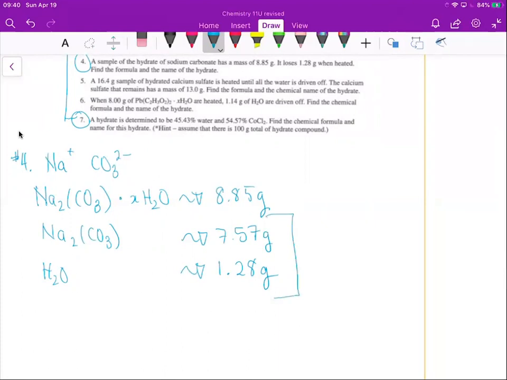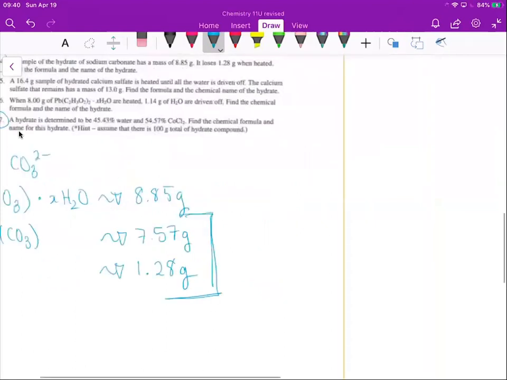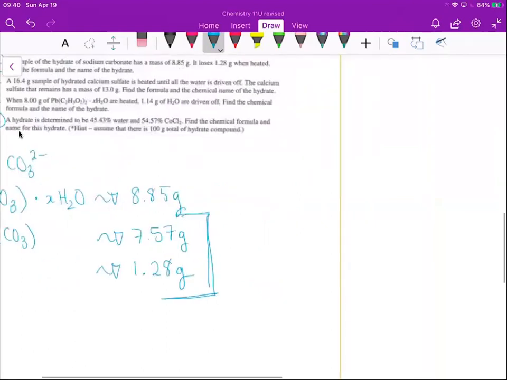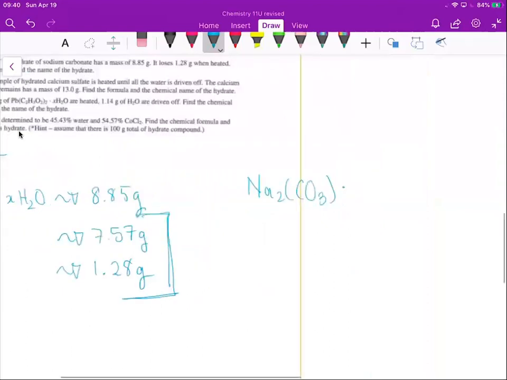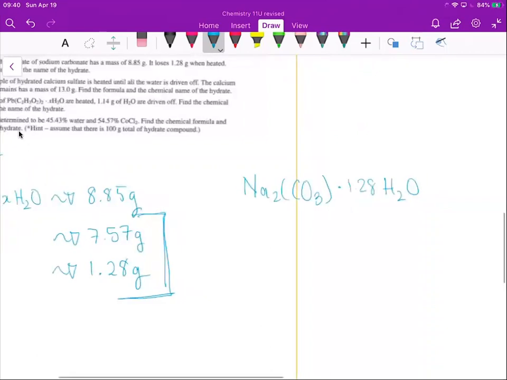It's these 2 that you use to form your calculations. And 7.57. Okay, this piece of information here, it's not really useful other than finding out how much water and how much anhydrous is left.